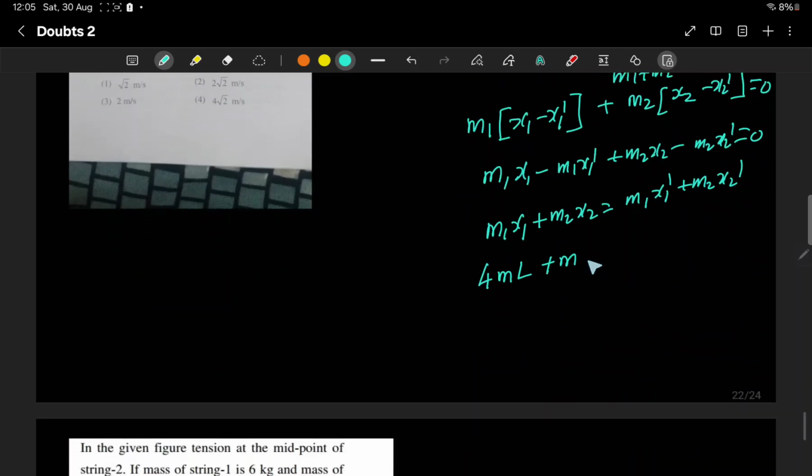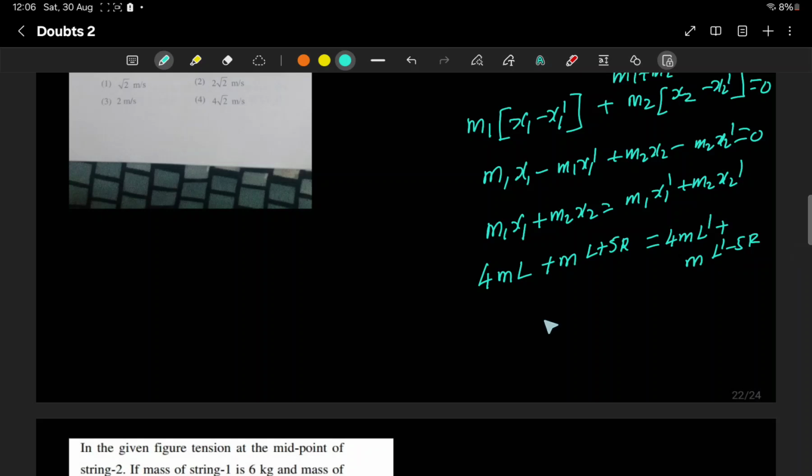So m1 is 4m: 4m into L prime plus m into L prime minus 5R, divided by only this. This is what we are getting.